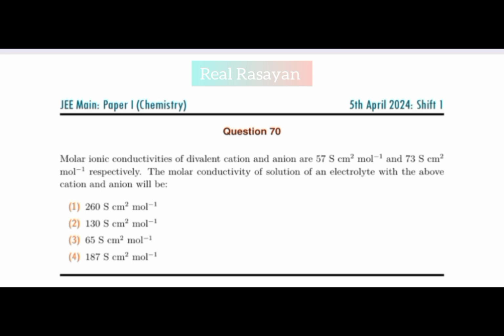Here we are with the next question, question number 70. This question is related to Kohlrausch's law. The question says the molar ionic conductivities of a divalent cation, which means the cation will have two positive charges, and an anion are given.